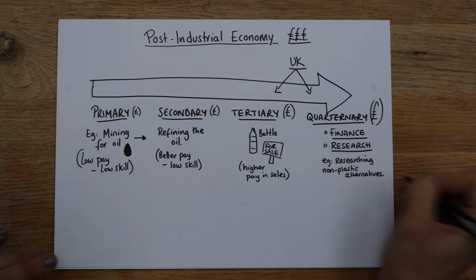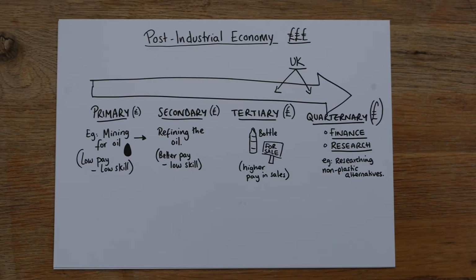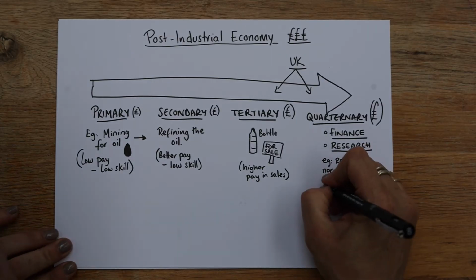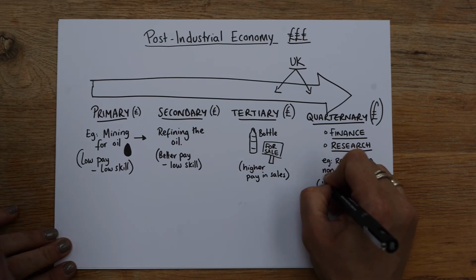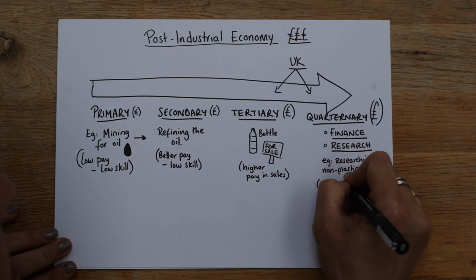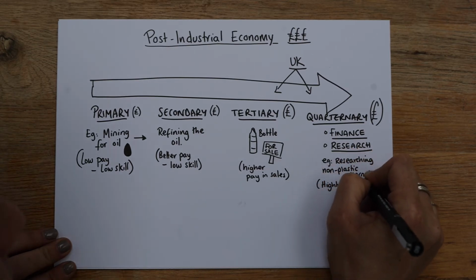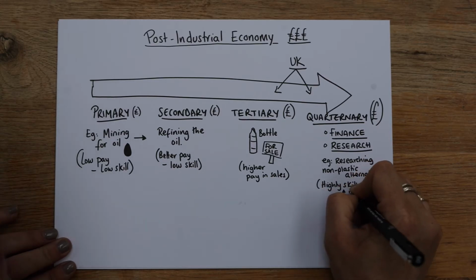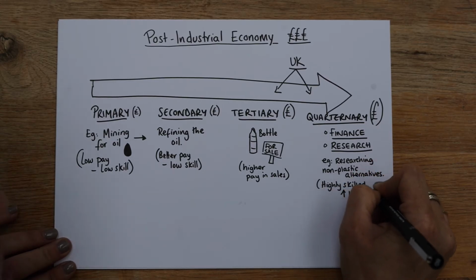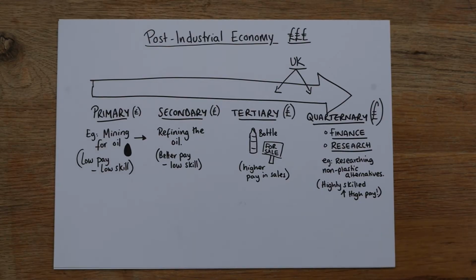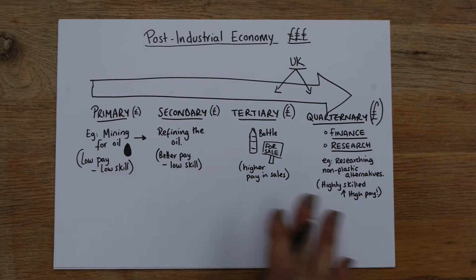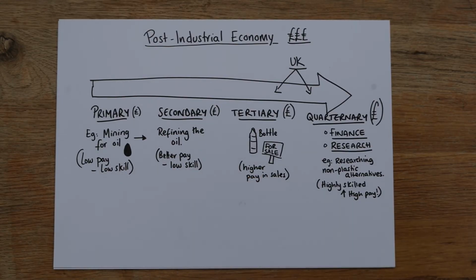Okay, and this is conducted in labs, and you definitely need to be highly skilled, and you're often very well paid. Highly skilled, and arrow up for high pay. Okay, so hopefully that gives you a rough idea of what those sectors are about.